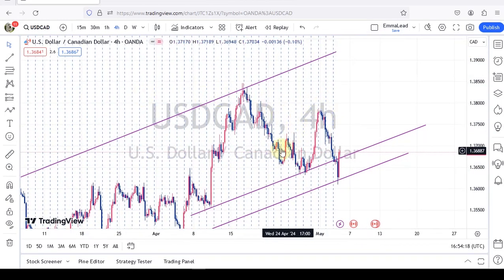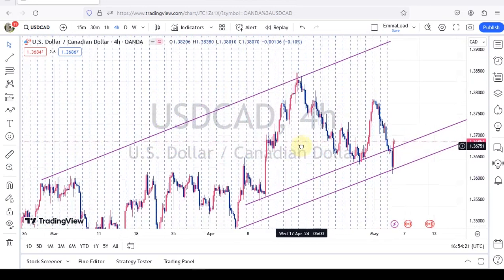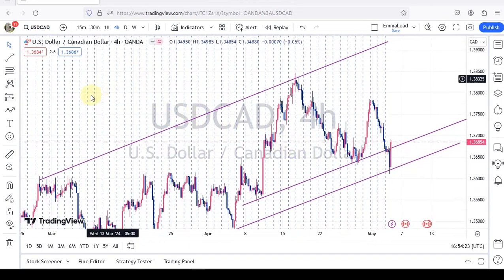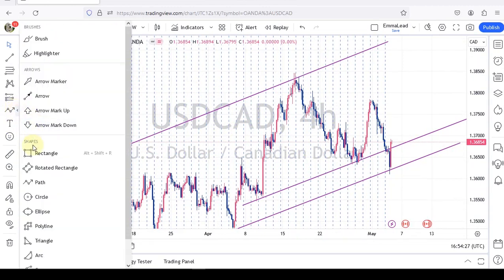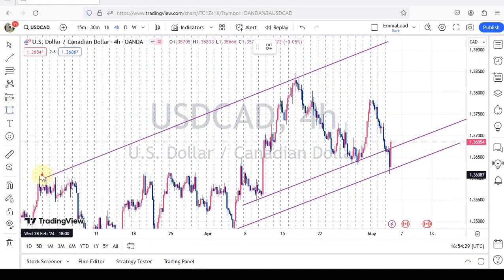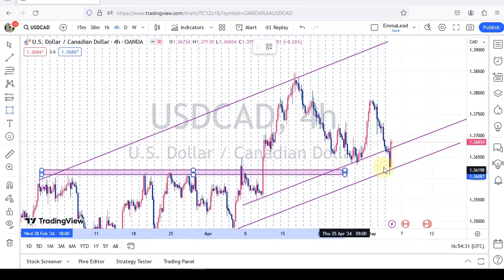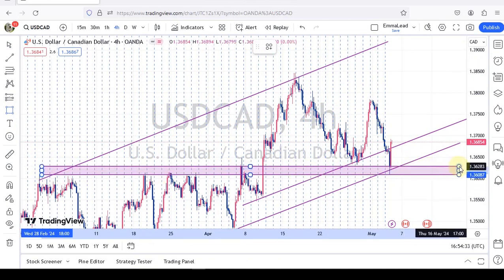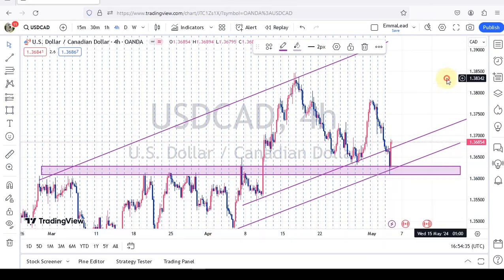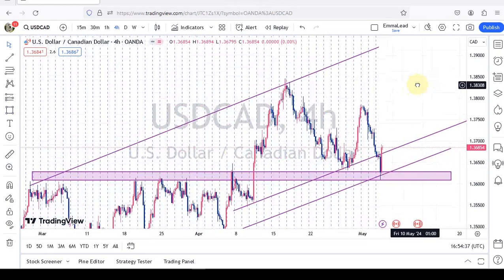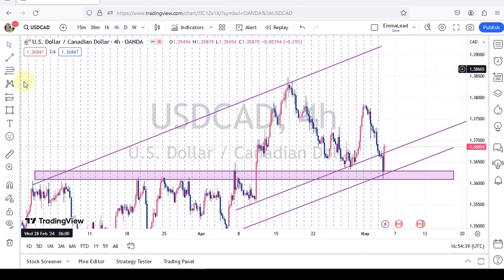Now as you can see, just as I said, the market is uptrending, making a higher high, higher low. What else are we seeing here? There is a strong zone here that the market has already rejected, which is giving me a clue that this market is likely going to have a strong buy.